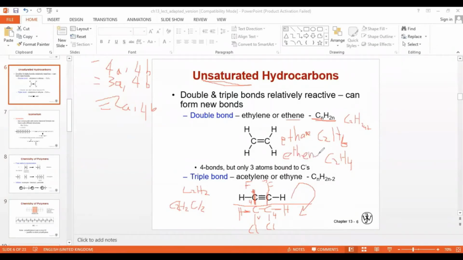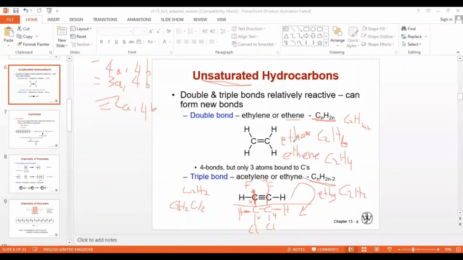Then I have this compound which can be written as C2H2. This can be written as ethyne. So here the formula is CnH2n minus 2. So the first case is CnH2n plus 2, then CnH2n, then CnH2n minus 2, right?